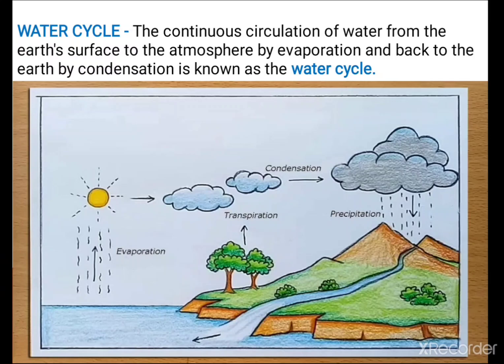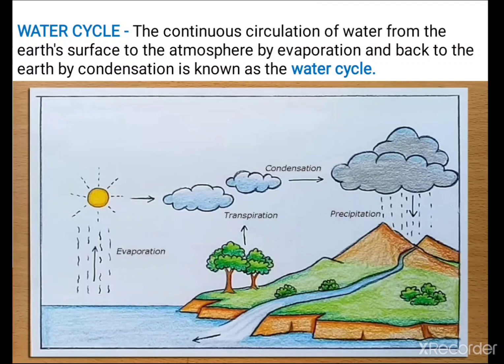The water evaporates from the earth wherever it is present. It changes into vapors, condenses and forms clouds. The vapors get converted to water drops by the process of condensation.